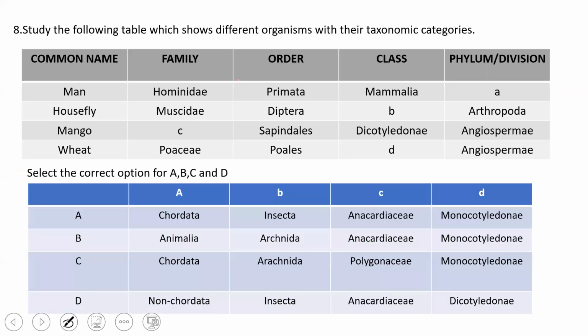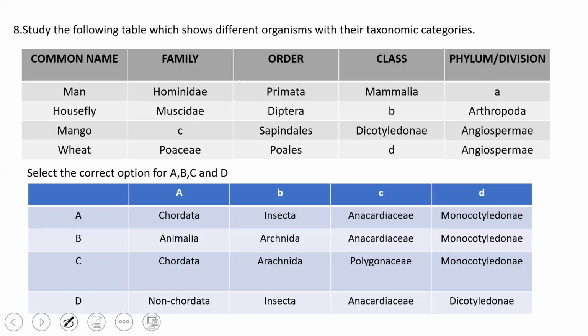So going ahead with the last question. Study the following table which shows different organisms with their taxonomic categories. The common name, family, order, class, phylum, and division have been given for the table we studied earlier, that is man, housefly, mango, and wheat.